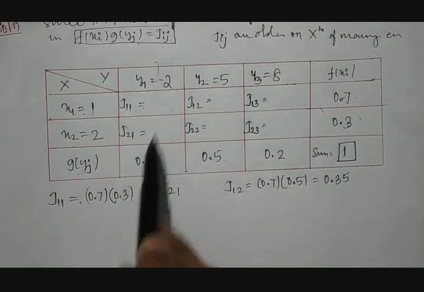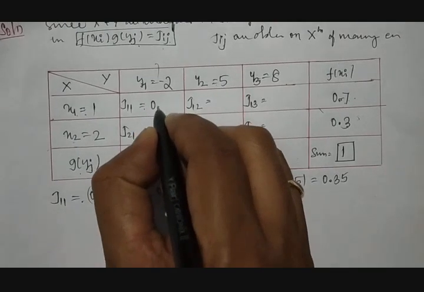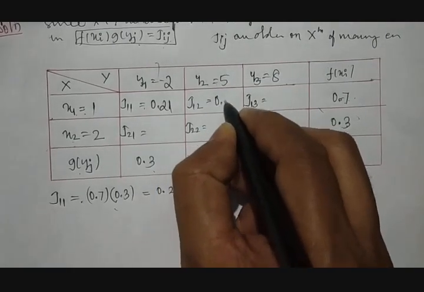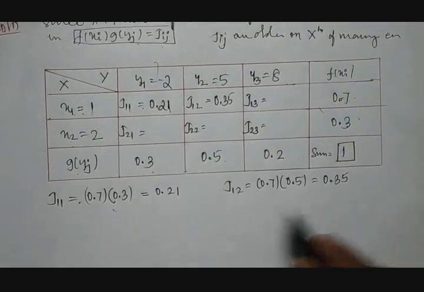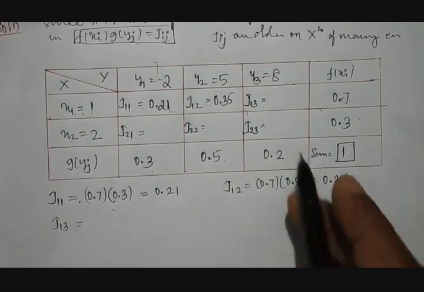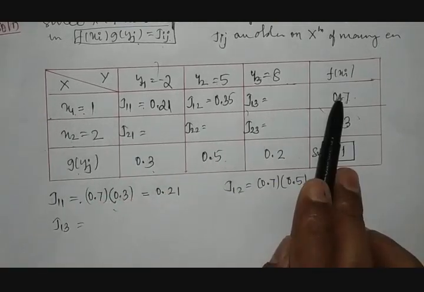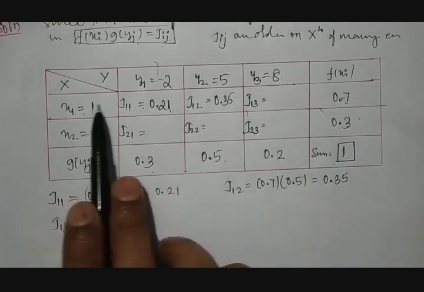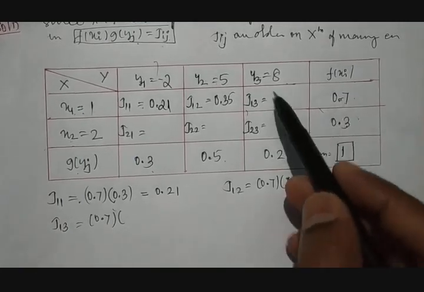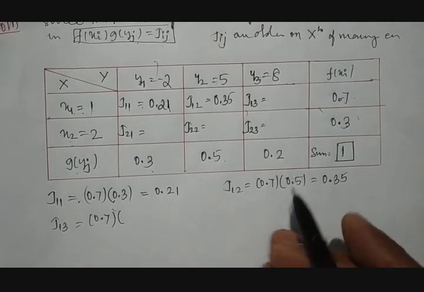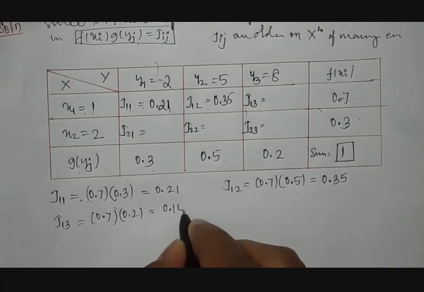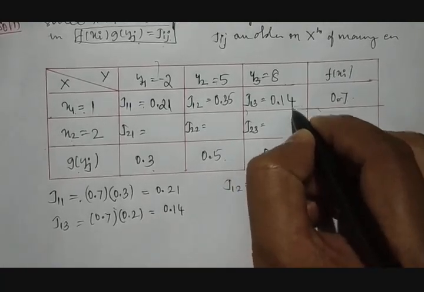Therefore, J11 is 0.21, and similarly J12 is 0.35. Let us take the next one, J13. The row which represents f of xi for this first row is 0.7, into, for this third column, 0.2, which is equal to 0.14.